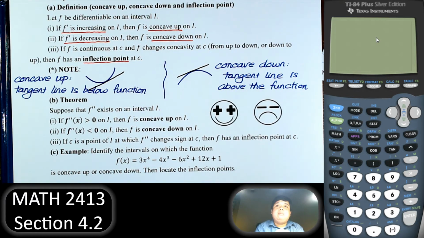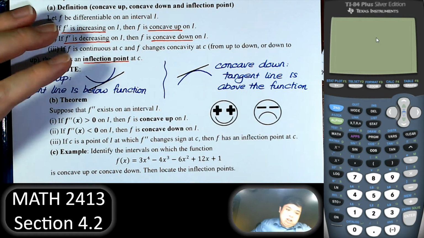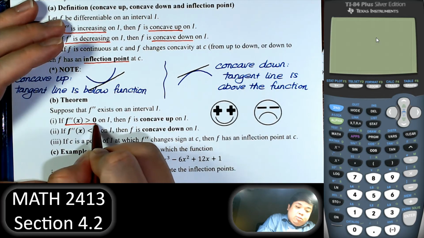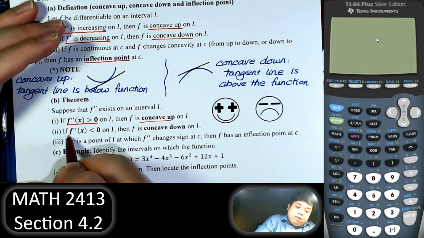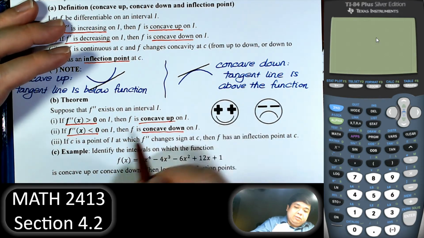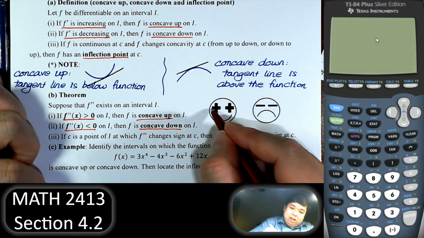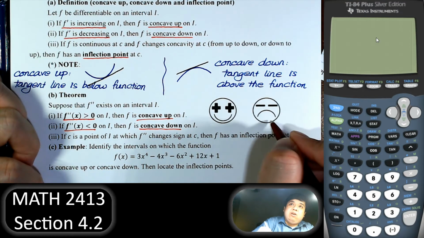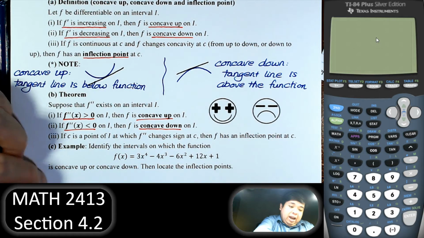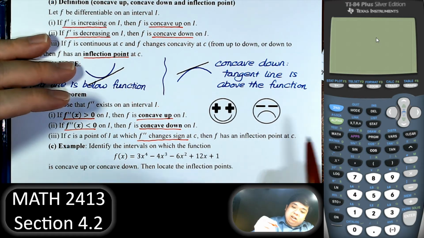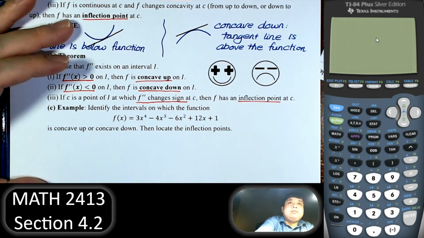Now in terms of the derivative, in particular the second derivative, how is that related? This is a theorem: where the second derivative is positive, it is concave up. Where it is negative, it is concave down. And at a point c where the second derivative changes sign, we have an inflection point.